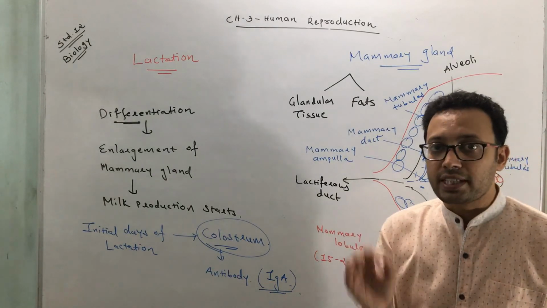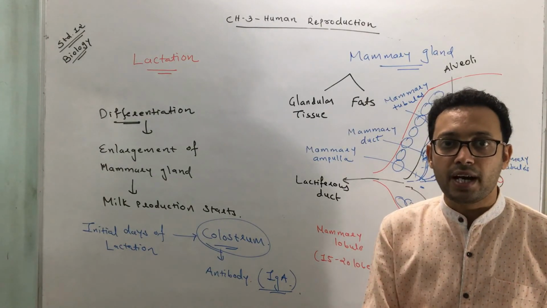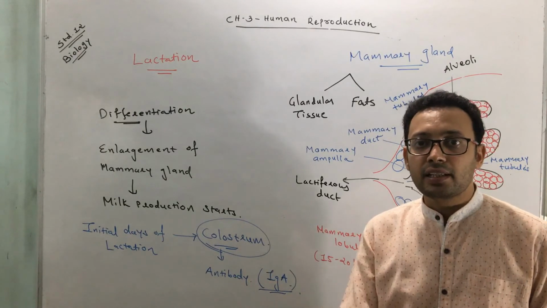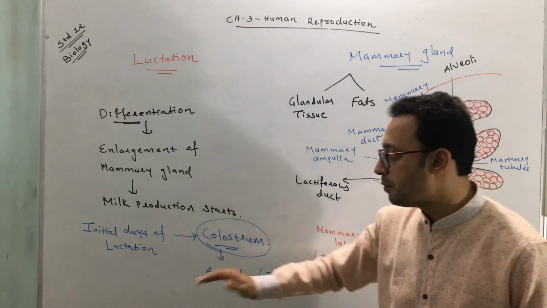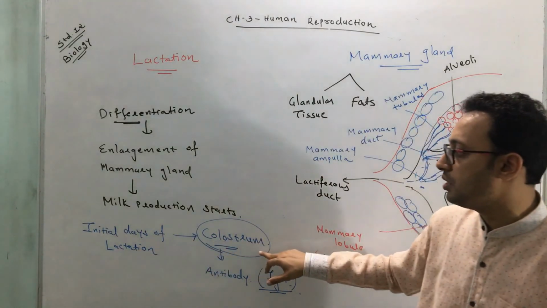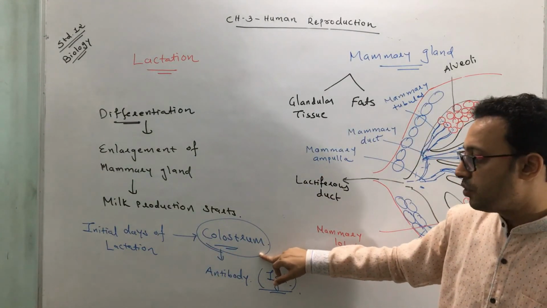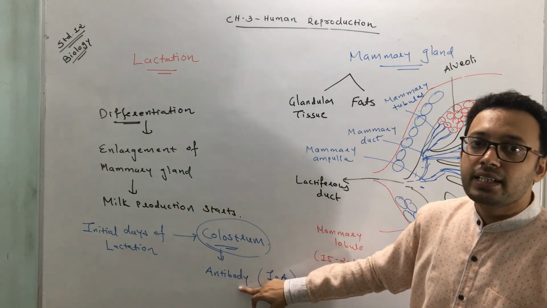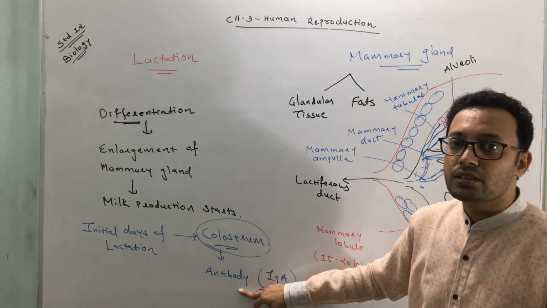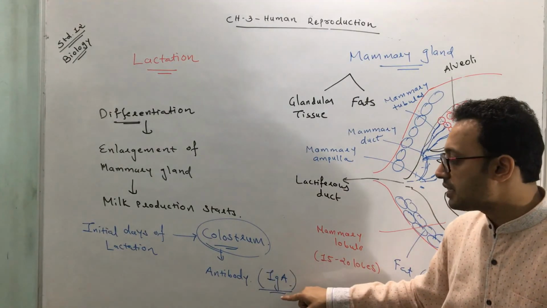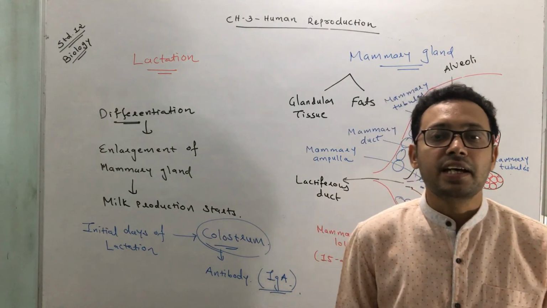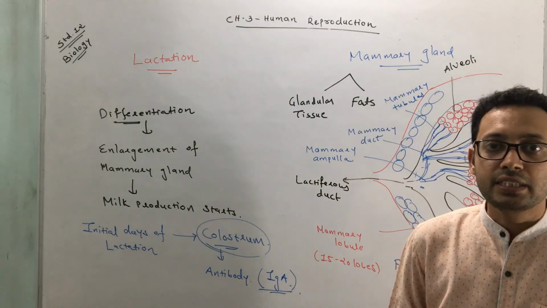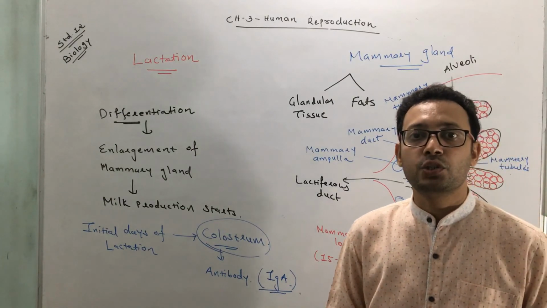So it is advisable to provide breast milk for its nourishment. Remember, the initial days of lactation is called colostrum, containing antibodies and nutrients. The main antibody found in it is IgA, which protects a baby against diseases and infections. So it is advisable to provide this milk to a baby.